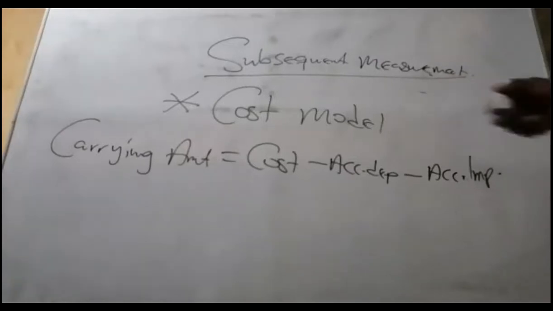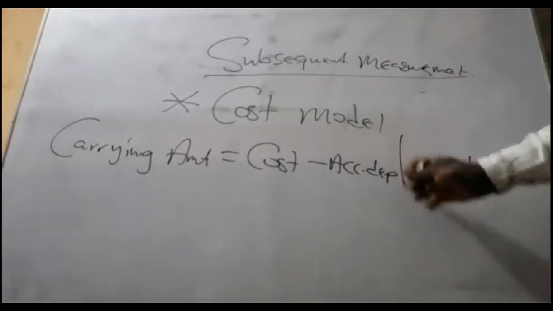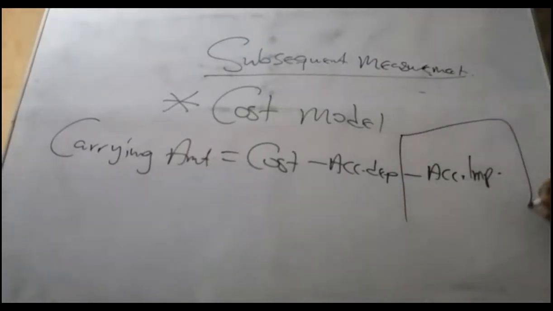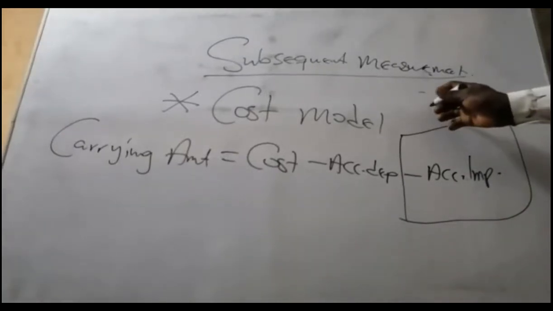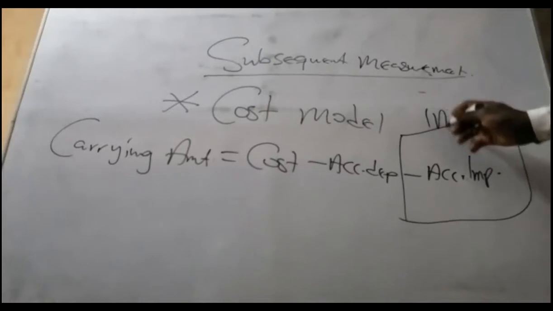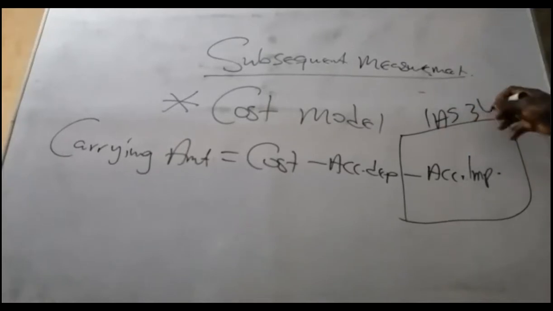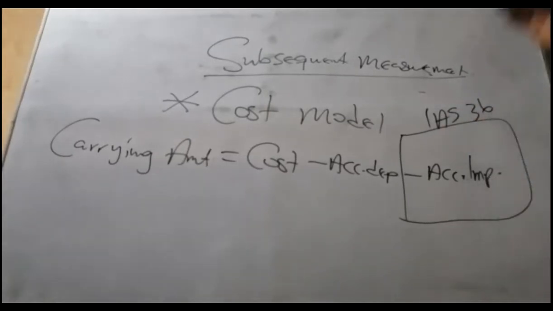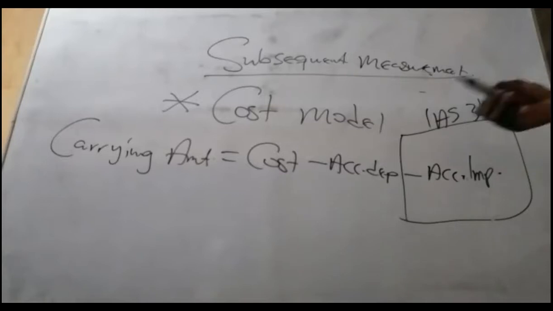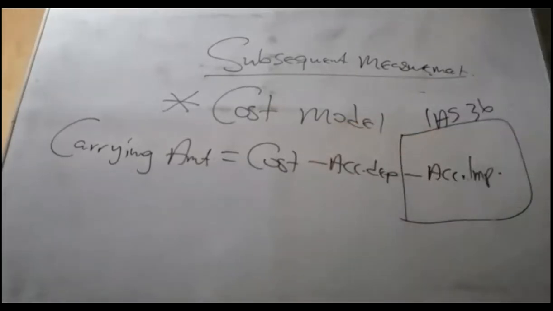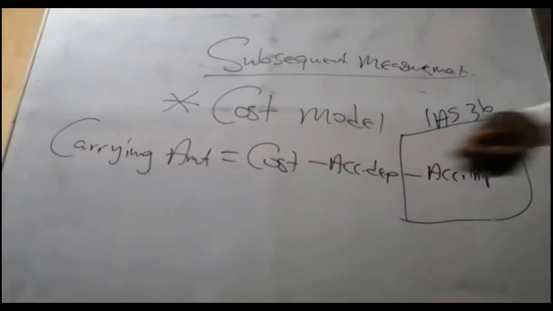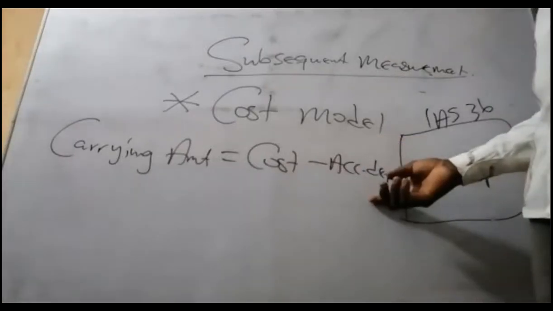Now, this impairment is governed by IAS 36. So IAS 36 talks about impairments. Normally we wait until we get there, then we look at it. So in calculation, it is just cost less accumulated depreciation.